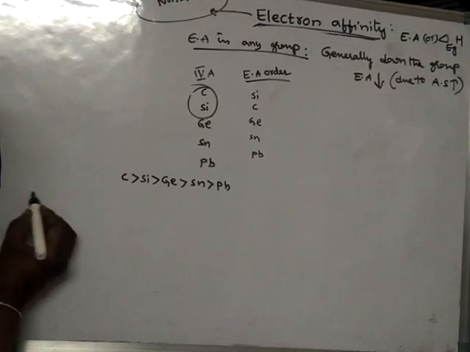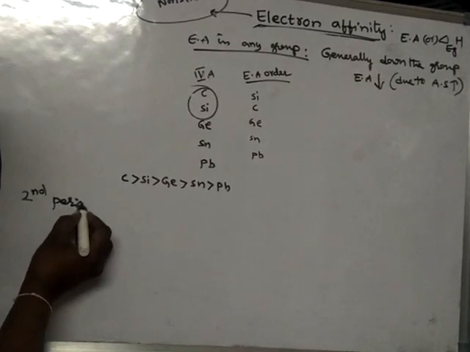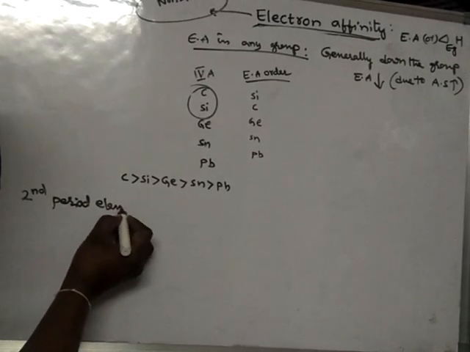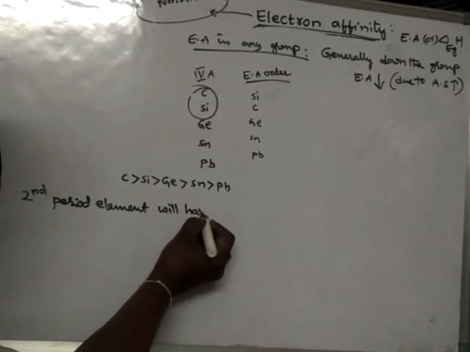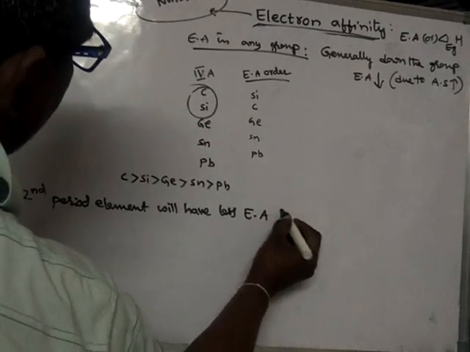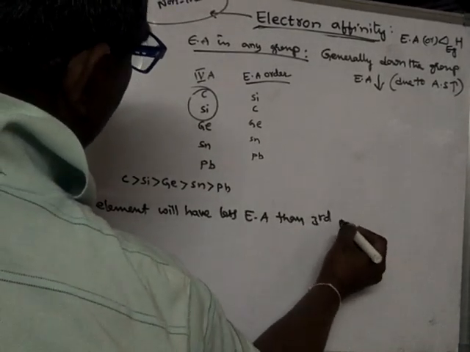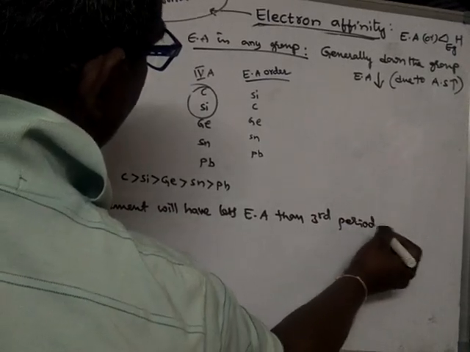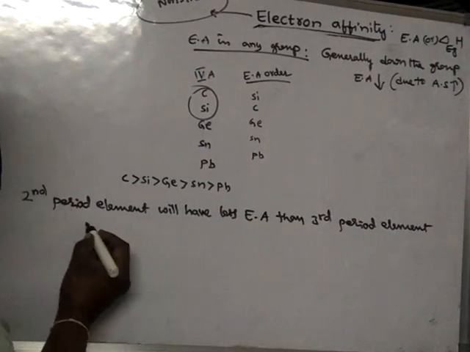I am writing here: second period element will have less electron affinity than third period element in every group.